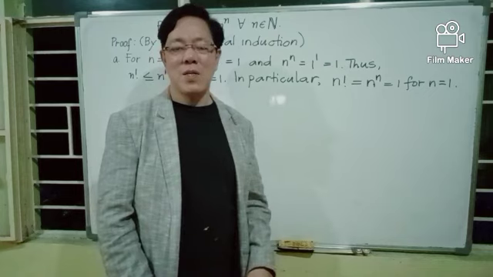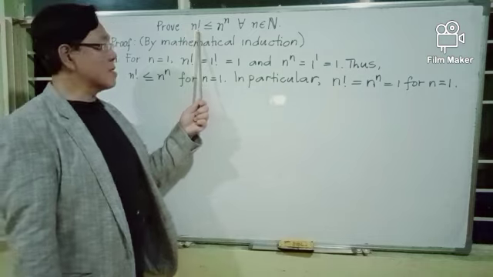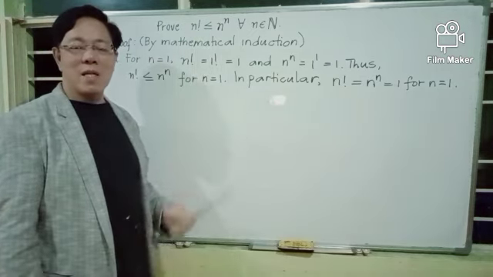Now, the second part of the proof, we assume that this mathematical statement is true for n equals k.